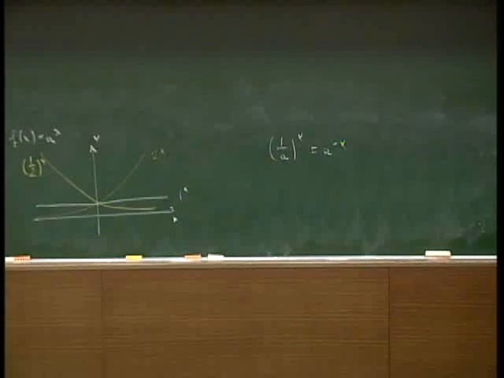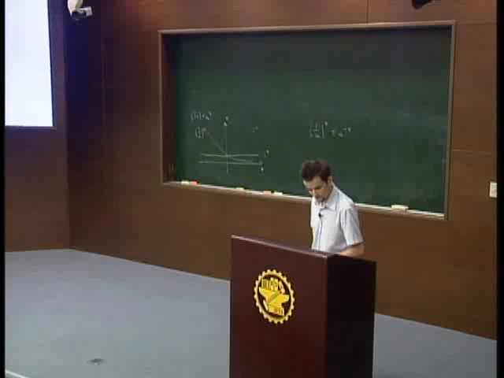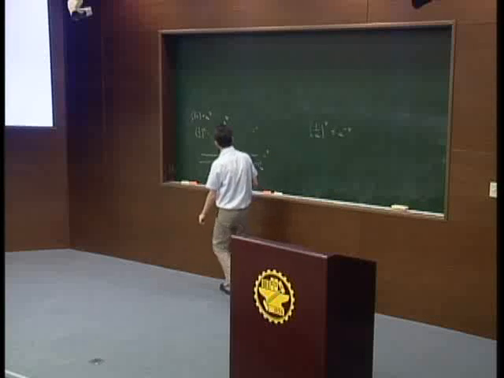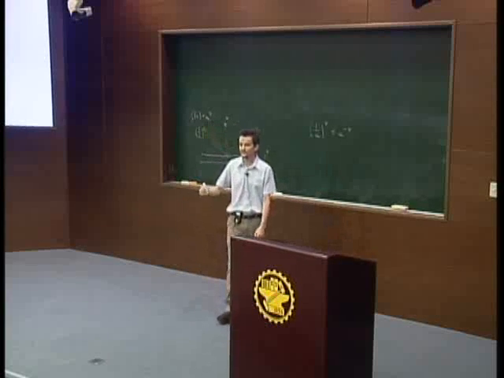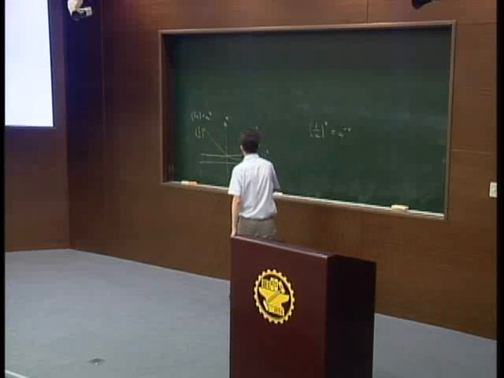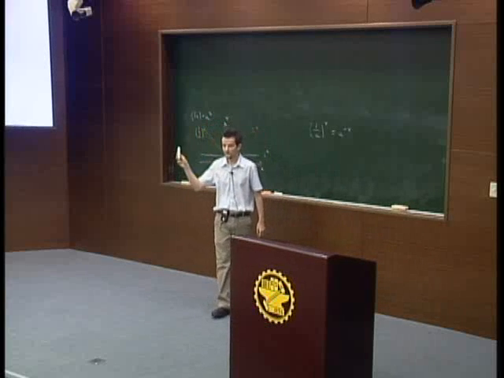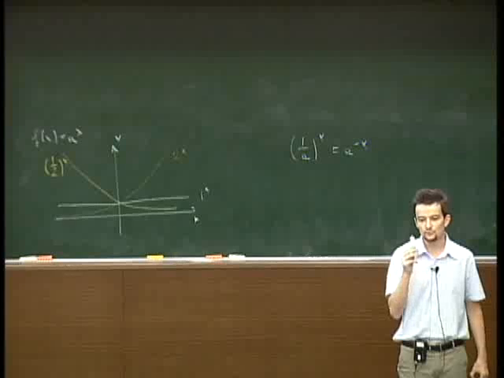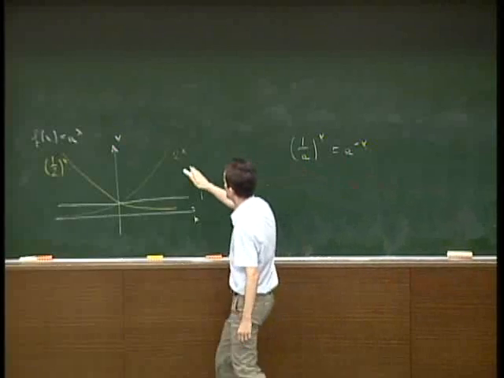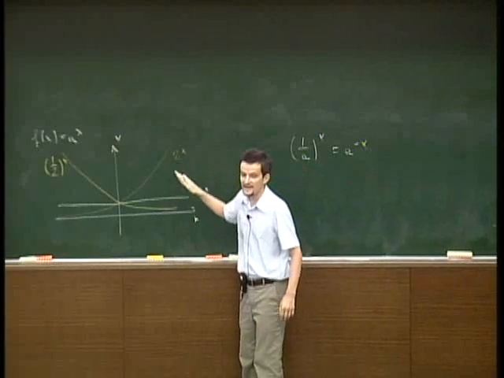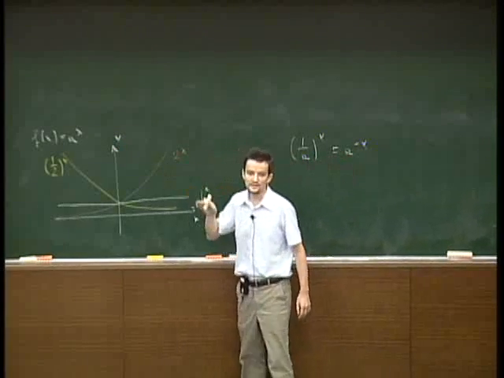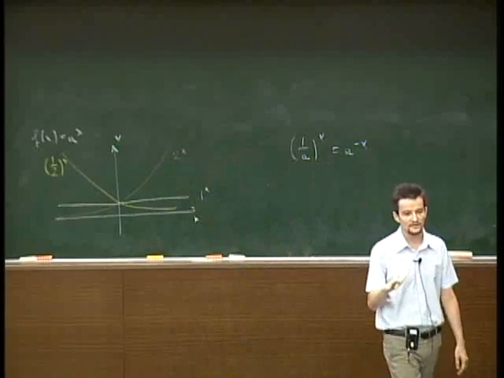Now, I guess you have learned most of this in high school, and you have already discussed many properties of this function. The most striking property of the function 2 to the x, or in general of an exponential function where a is larger than 1, is that it grows very, very quickly. In particular, if you compare the growth of 2 to the x with the growth of the function x squared, you will discover that this function grows much, much quicker to infinity than x squared.